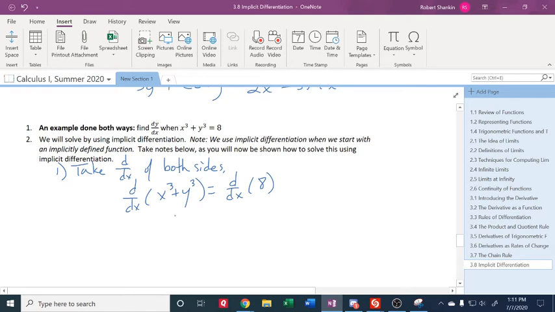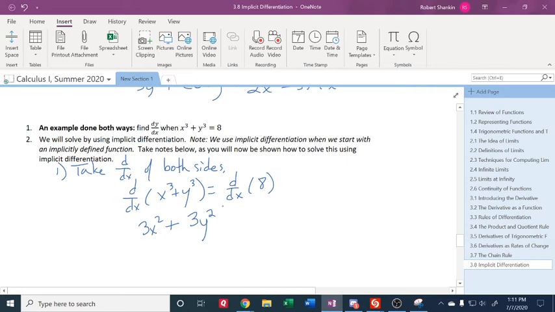Now I'm going to simplify this. To distribute this derivative, the derivative of x cubed is 3x squared. The derivative with respect to x of y cubed is 3y squared.